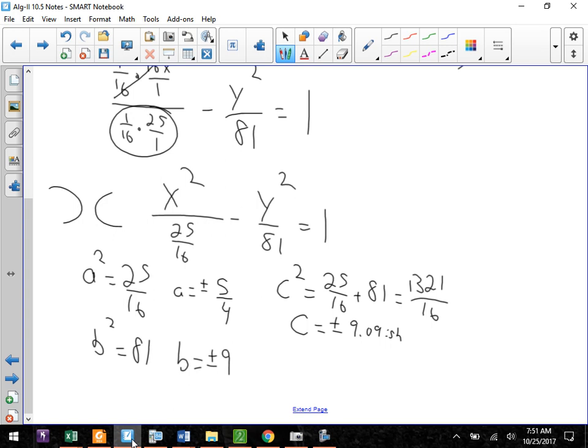And then from there, it's a matter of plotting things through. A values. A value gets you 1 1/4. B value of 9.